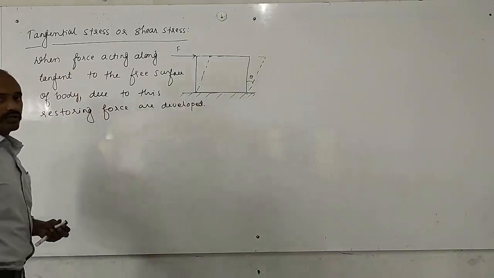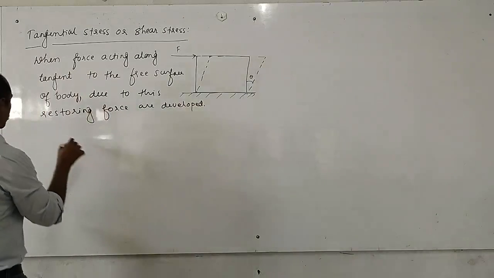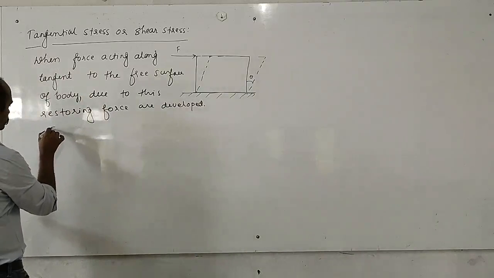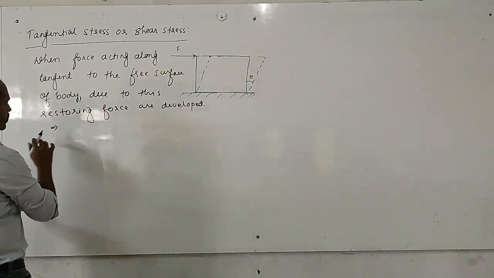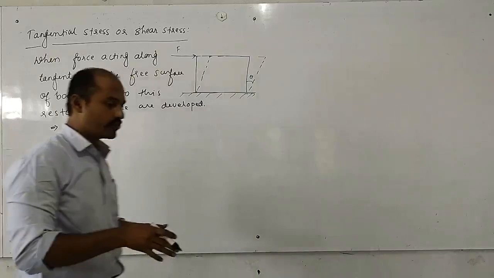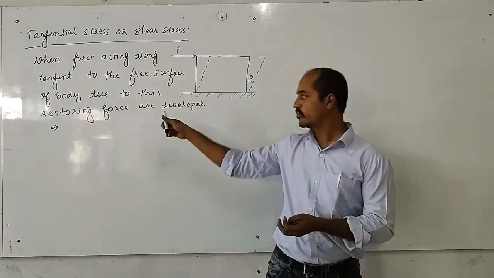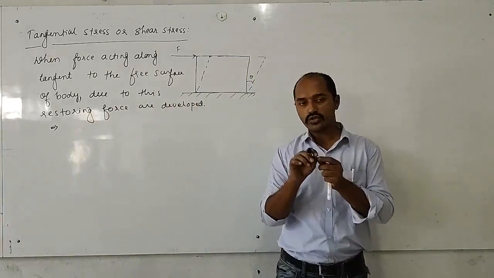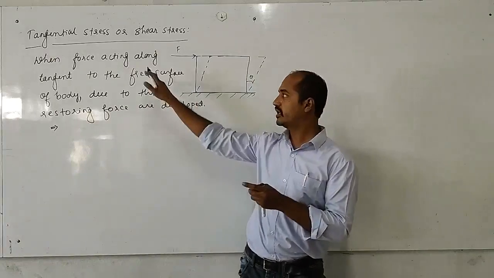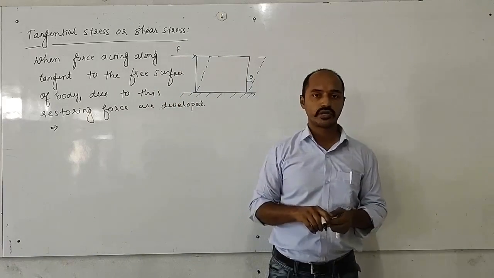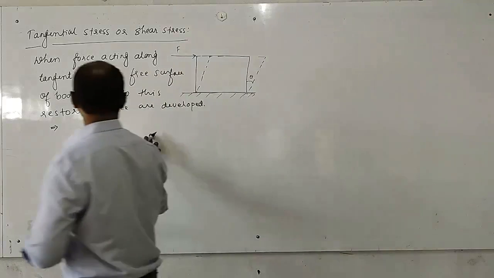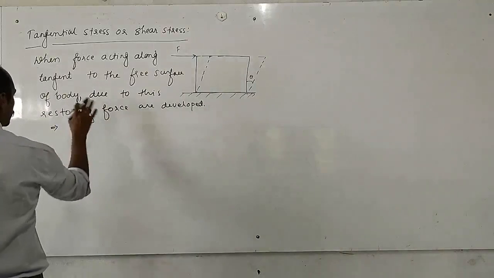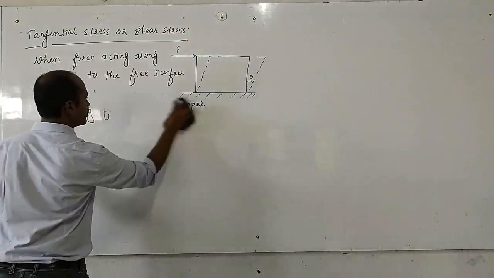Restoring forces are developed, right? So this restoring force, these restoring forces develop. So restoring force per unit cross-sectional area is the shear stress, right? So I am writing this due to all these things.